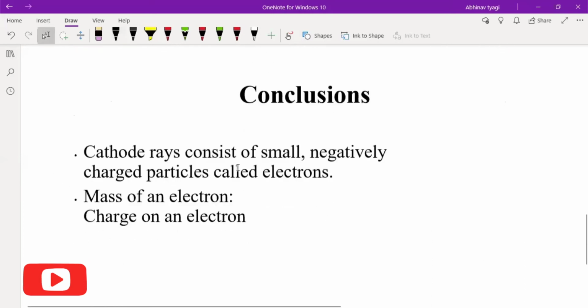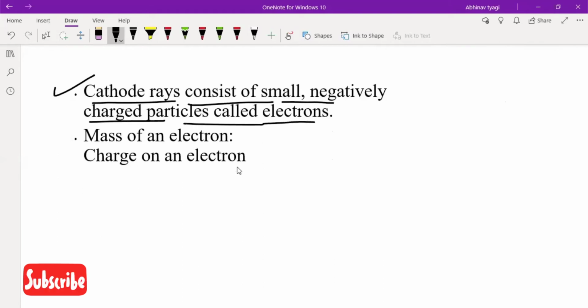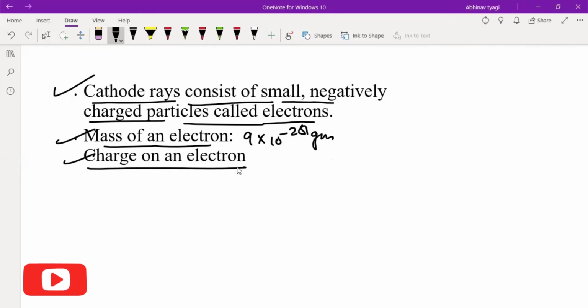So what are the conclusions here? The first conclusion is the cathode ray consists of a small negatively charged particle, which is called electron. Number two, the mass of an electron is 9 into 10 to the power minus 28 gram. The third one is the charge of an electron is negative, that is 1.6 into 10 to the power minus 19 coulomb.